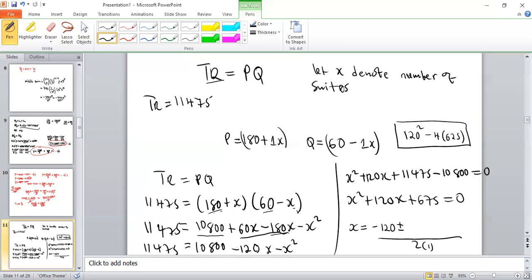Then the square root of 11,900, what are you getting? 109.08.